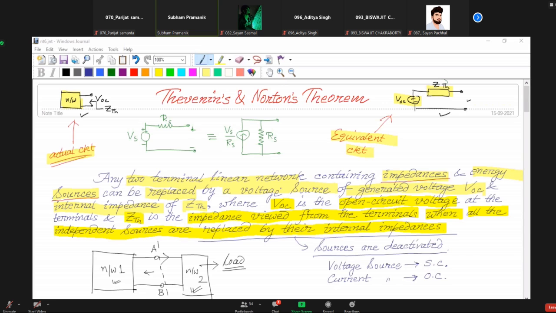But normally, all the analysis is done considering zero resistance for voltage source and infinite resistance for current source. If in practical cases the internal resistances are specified, then you can use them during the analysis.